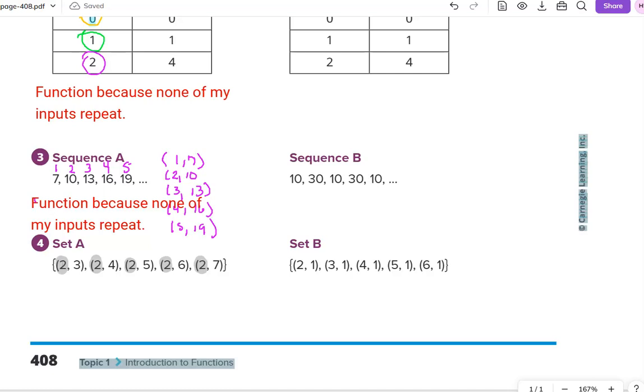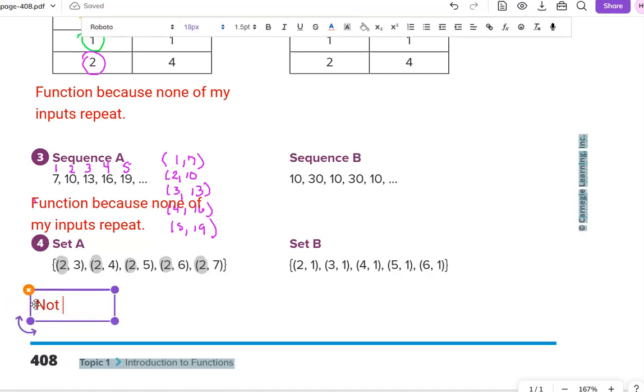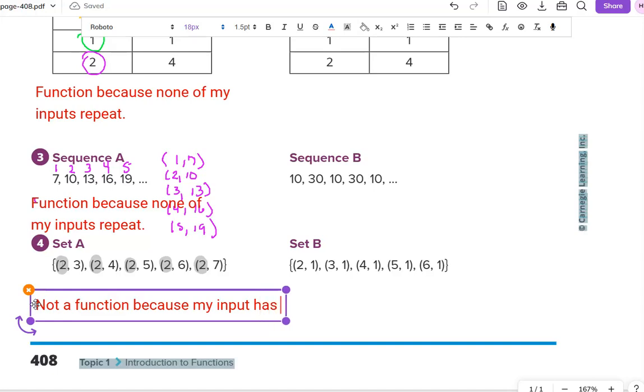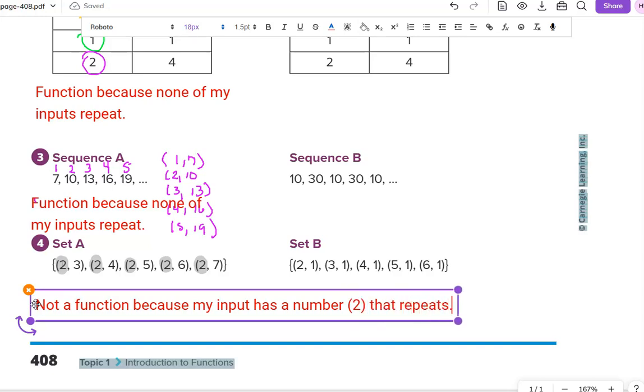Okay, text box. Not a function because my input has a repeated number. And I'm going to put 2 because that's the number that repeats. And my input cannot repeat.